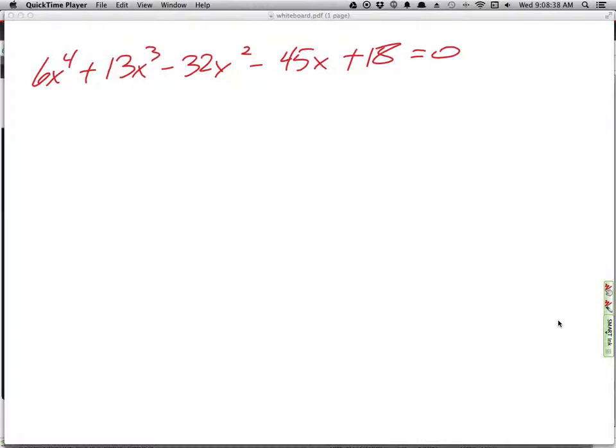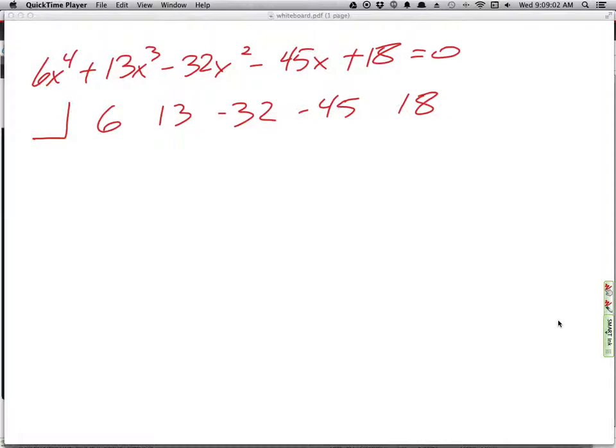Okay, this one's set up a little bit different, but it still wants the same thing. It wants me to solve this equation, but when I'm solving an equation, what am I looking for, really? I'm looking for the zeros. So when I solve an equation that's set equal to 0, I'm looking for the zeros. Alright, so let's look at 18 first.